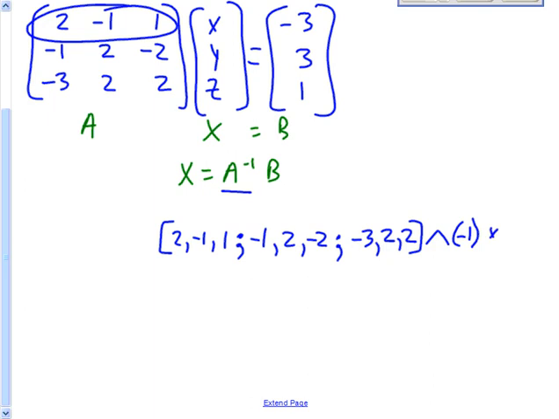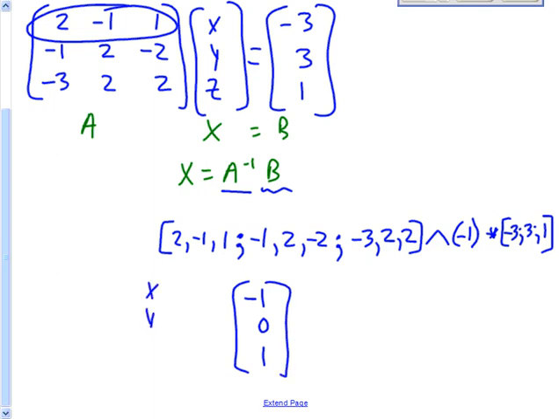Then I multiply by B. So what's B? -3, semicolon, 3, semicolon, 1, bracket. If I hit enter right there, that'll give me the answer. The answer ends up being -1, 0, and 1, just like that. So that's my X, Y, Z.